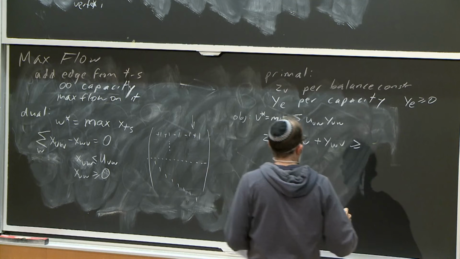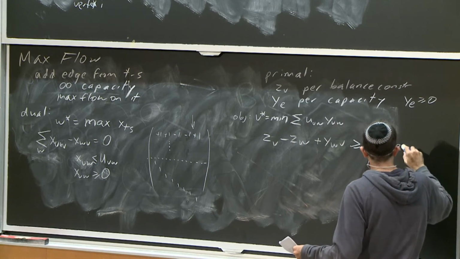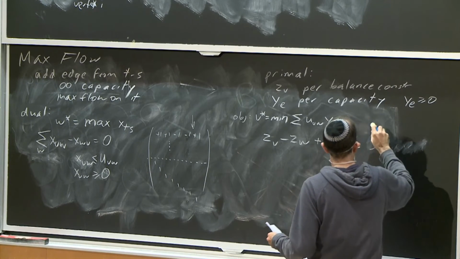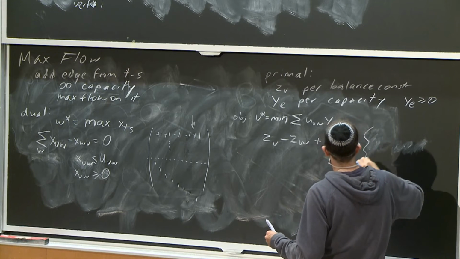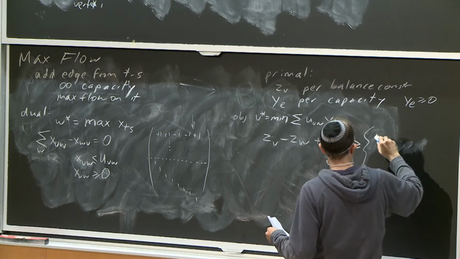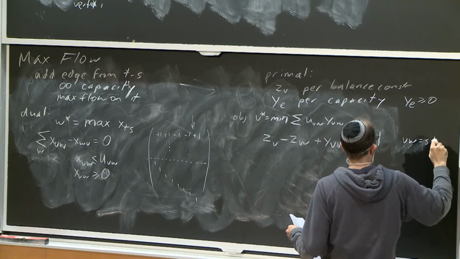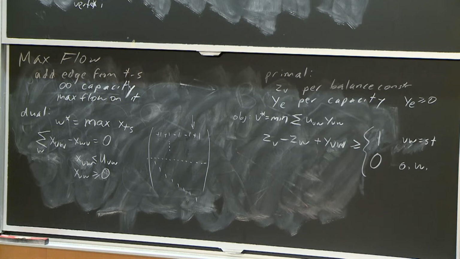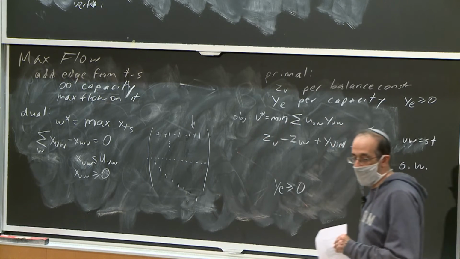So all the bounds here are going to be 0, except, actually, let me write it this way. Sorry, this is VW, not WV. In the one special case of VW equals ST, you get a 1 and a 0 otherwise. And finally, as we said, the y's are non-negative.